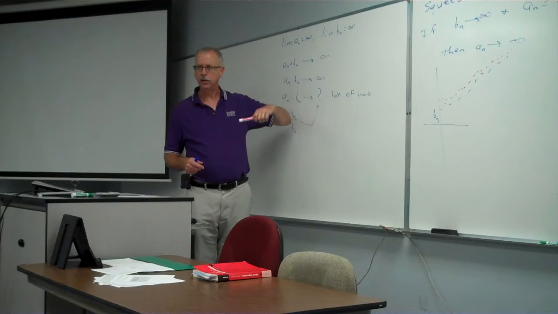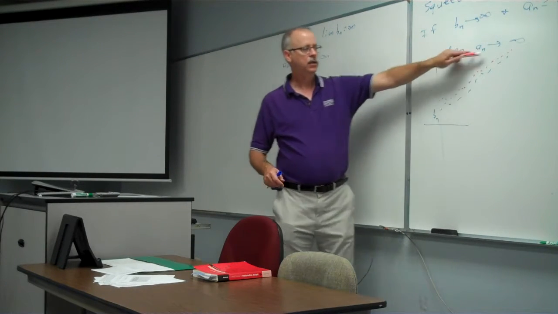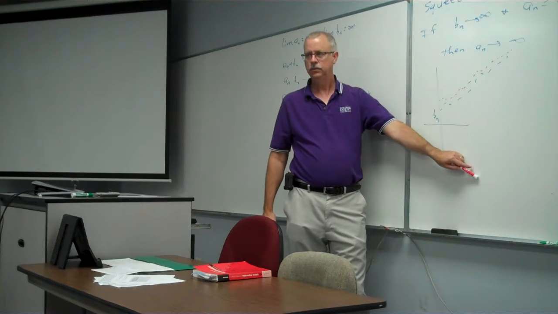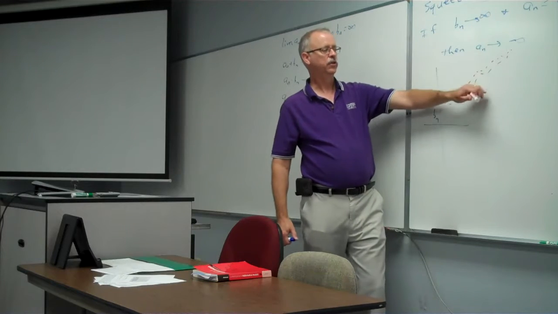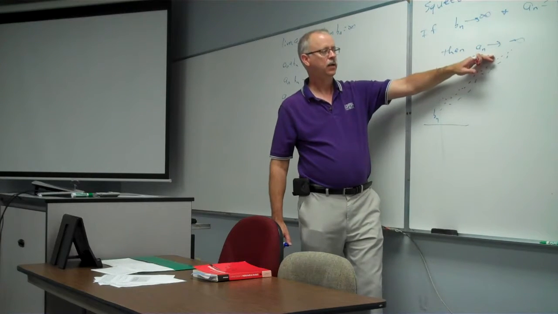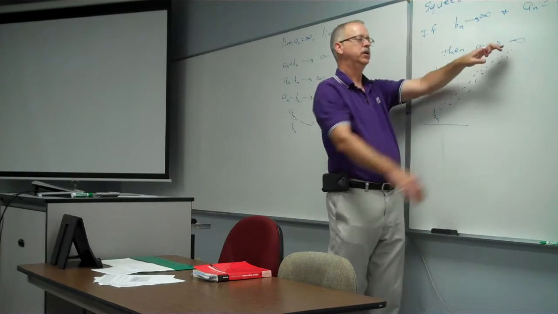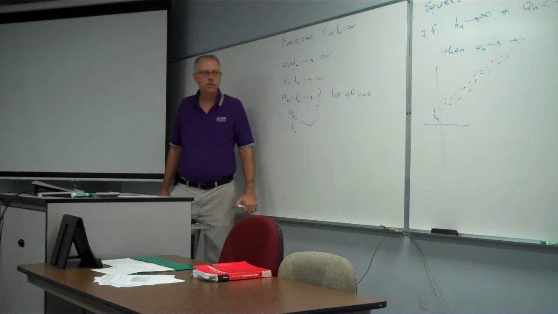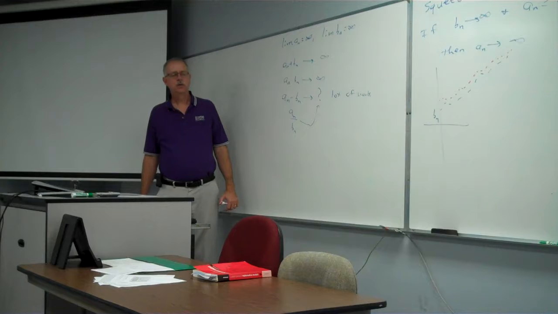It can't be jumping around, because if it were jumping around and never came down here, well, then that hypothesis isn't true. So with this hypothesis that we stay above B sub n, and B sub n's headed off to infinity, there's only one conclusion we can draw. Well, the original sequence has to be going to infinity as well.